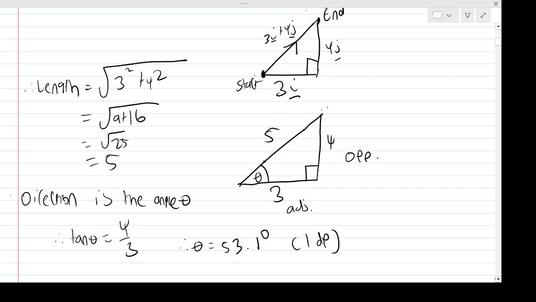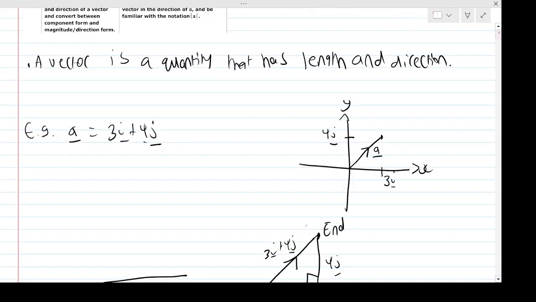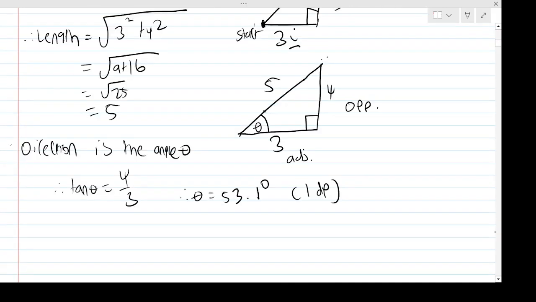Remember, as we discussed, a vector has length and direction. We can work both of those out, and then we get the story of the vector: the length is how far the path is, and the angle is the trajectory of the path, so where to go up in.